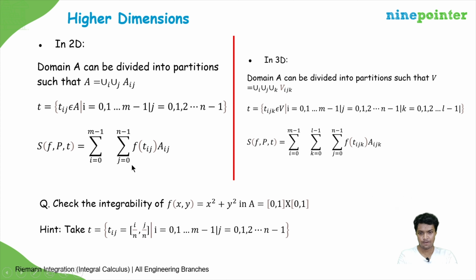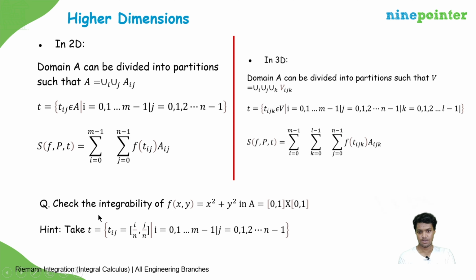Basically the same thing that we have done for 1D but in 2 dimensions. So the Riemann sum here can be defined as the sum for i equal to 0 to m minus 1, j equal to 0 to n minus 1, of the value of the function times A(ij). And similarly in 3D, we just add one more dimension here and make it A(ijk).